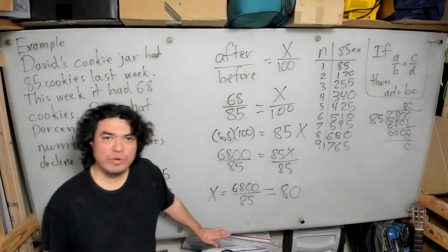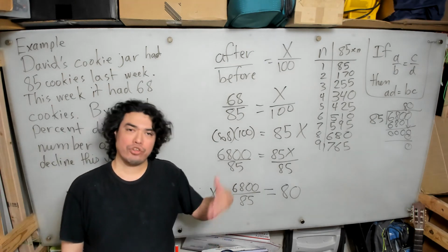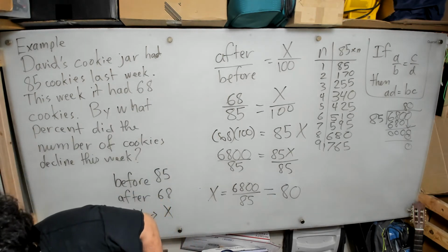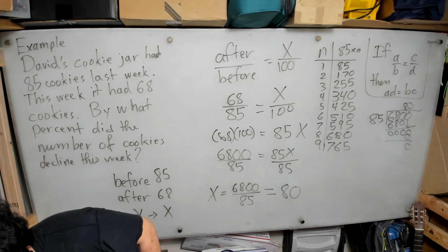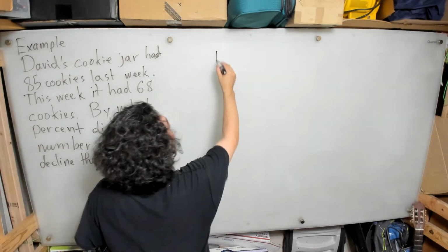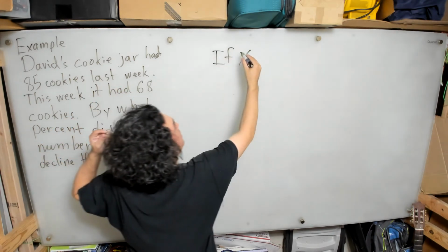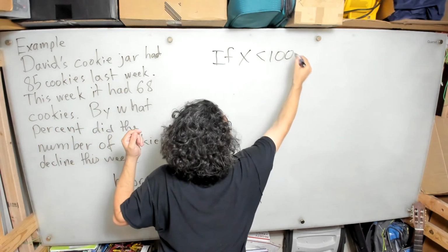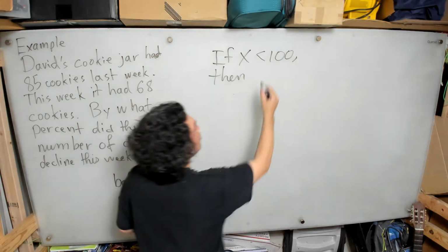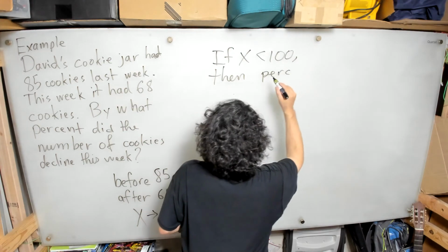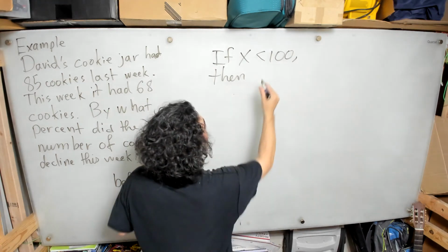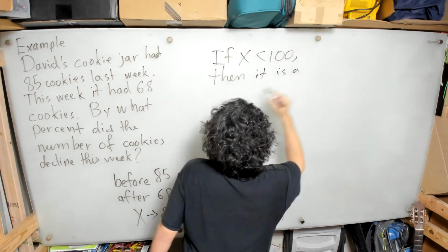And so now, once we have reached this point, we're going to interpret it based on our original rules. Let's do that together now. We recall that if the x is less than 100, then it's a percent decrease. Let me write this down. Then it is a percent decrease, of course.